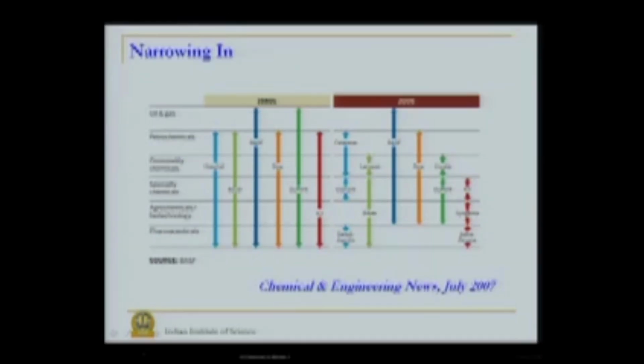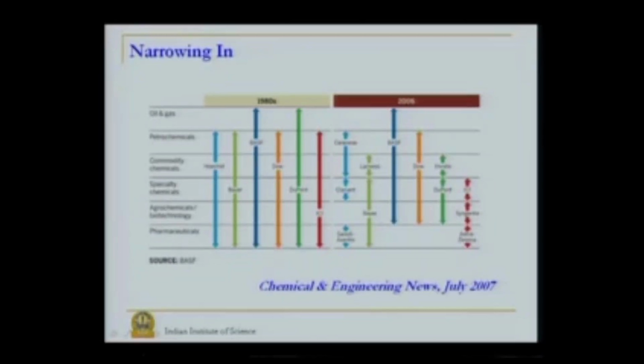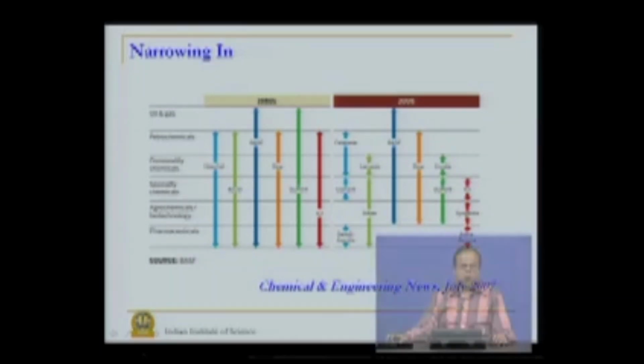You may not be able to read this clearly, but what is being shown is what the status was in the 1980s and what the current status is. The 1970s and 80s saw companies expanding their operations across the board of various different activities. For example, BASF was involved in everything from oil and gas to agrochemicals to pharmaceuticals. Same was the story with DuPont.